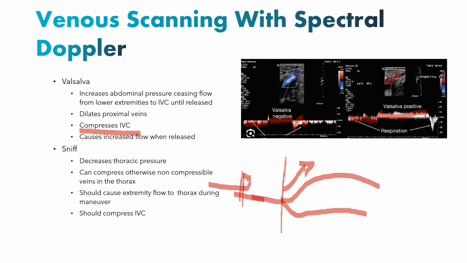Now, it doesn't work with respiration because respiration is going to be a slow change in that pressure, but the sniff has such a quick reduction in thoracic pressure that it will augment your arm veins.